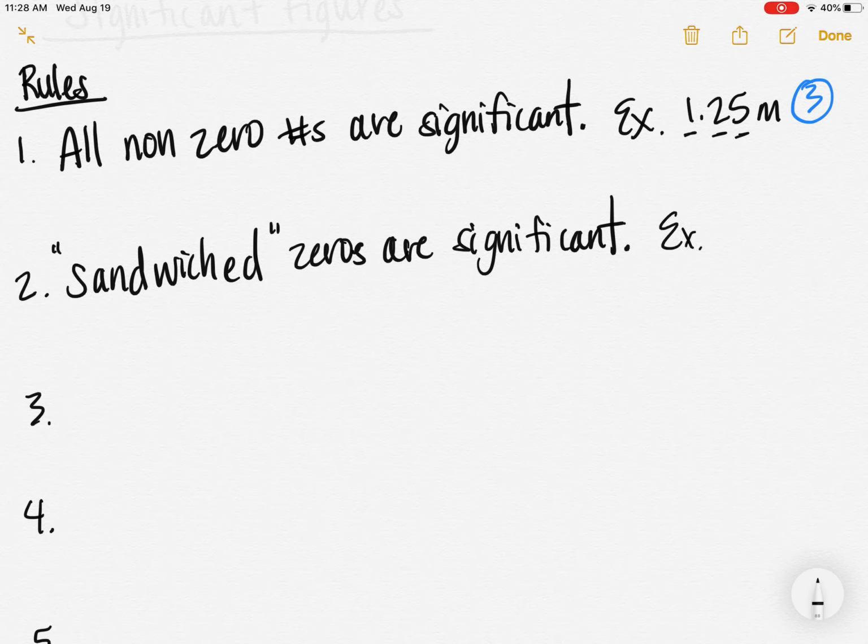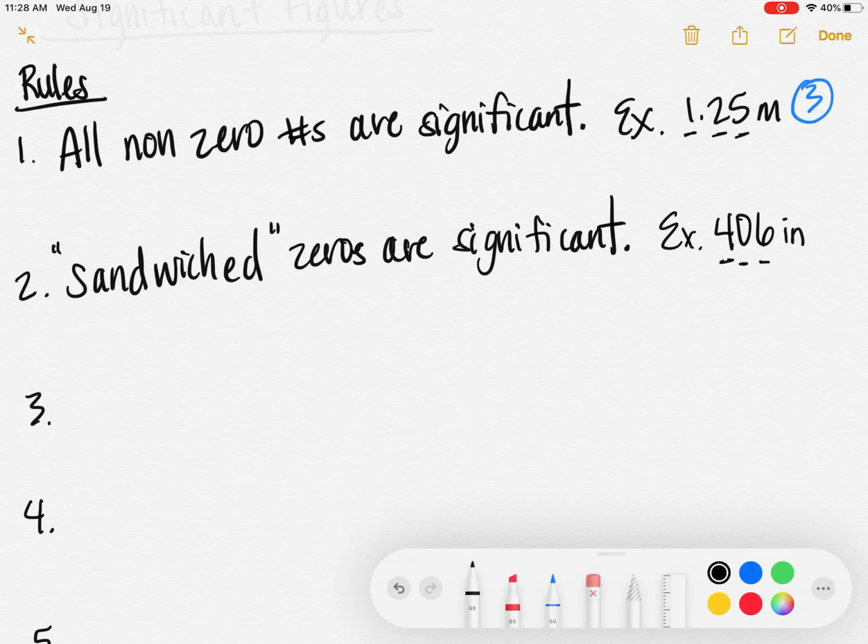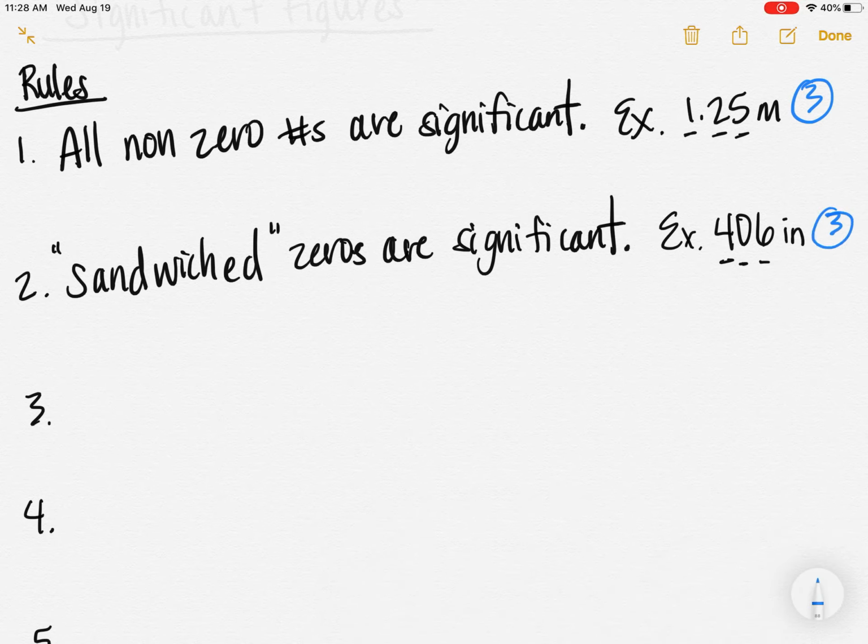Well, something like this: 406 inches. That 0 is sandwiched between 2 other sig figs, the 4 and the 6, making it also significant. So this number has 3 sig figs, and I'm just circling it to show you that that's the number of sig figs.